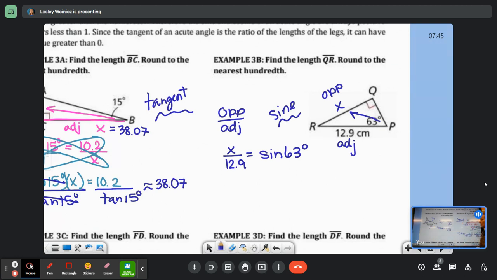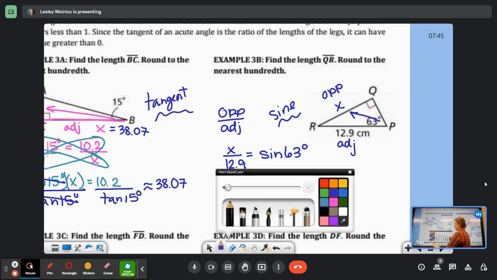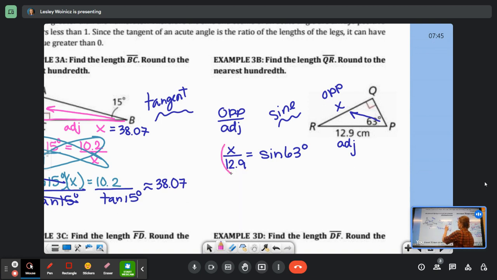Now to get x alone here, all we have to do is multiply both sides by 12.9. So I'm going to multiply this side by 12.9 and cancel, and then I have to multiply this side by 12.9.